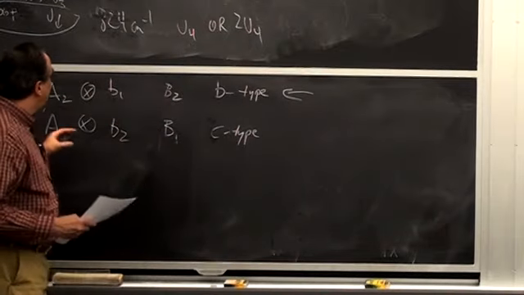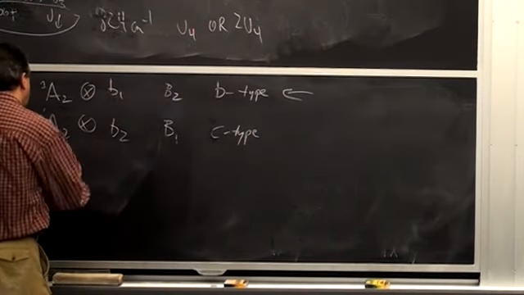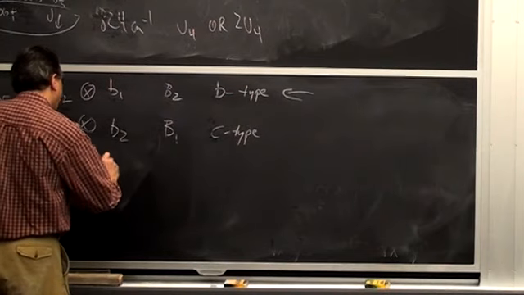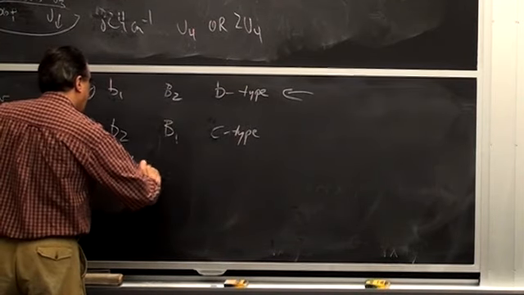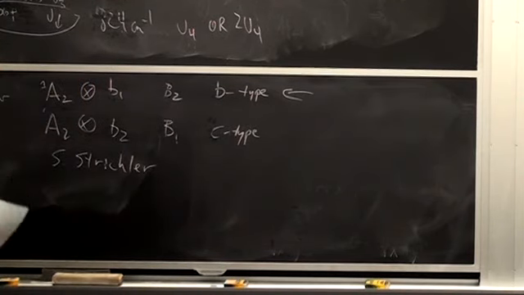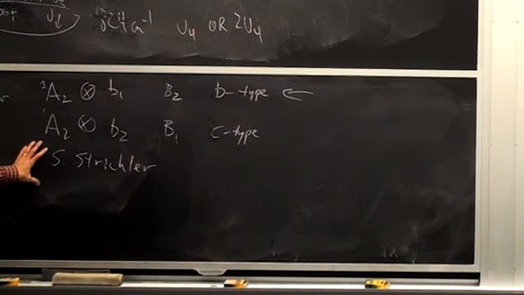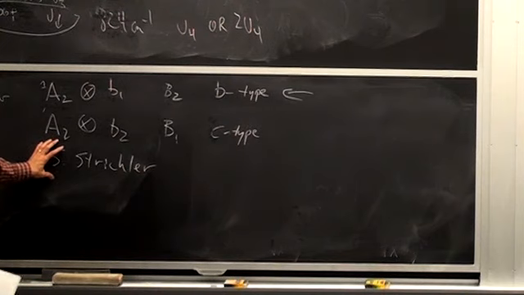So the other two, there's a beautiful paper by Stu Strickler. He used to be at the University of Colorado. And he's one of these very quiet guys who do a couple of things really, really well. And one of the things that he did really, really well was to understand the electronic spectrum of formaldehyde.